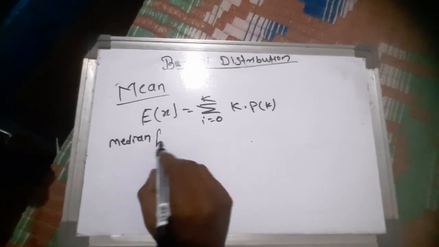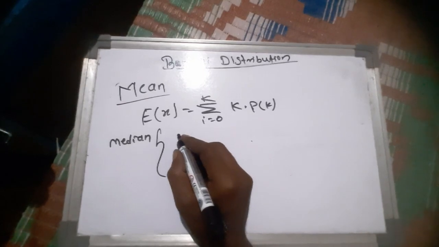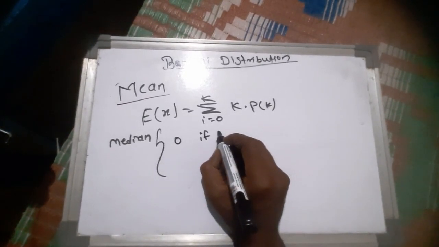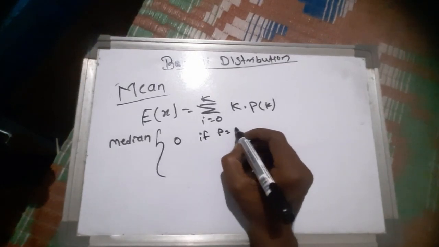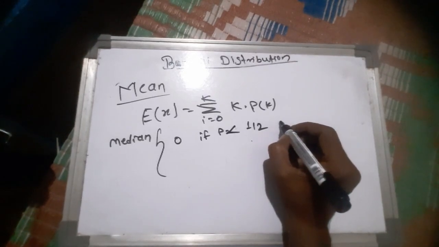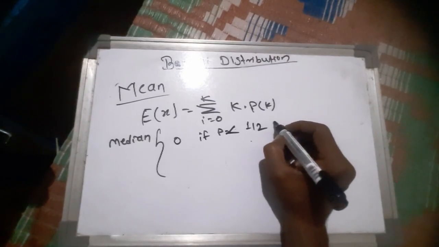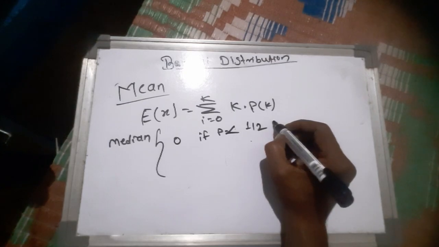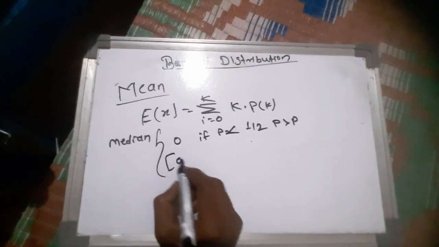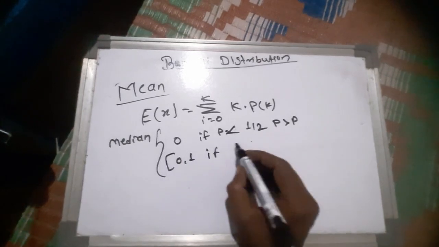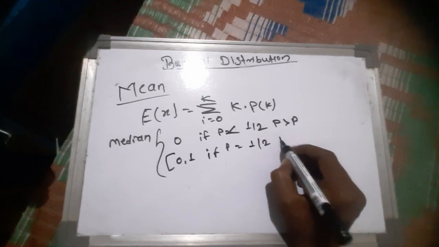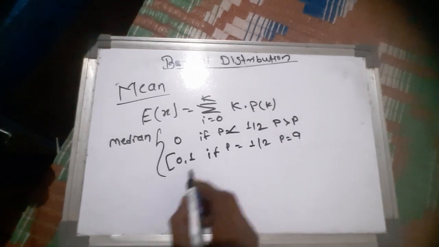The median is 0 if p is less than 1/2, which means p is less than q. It varies between 0 and 1 if p is equal to 1/2, which means p is equal to q.